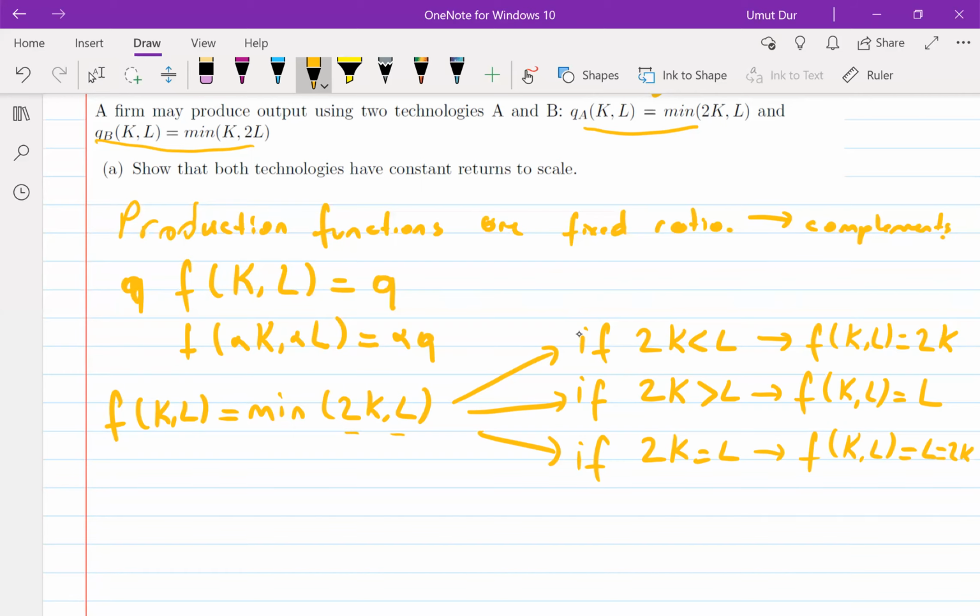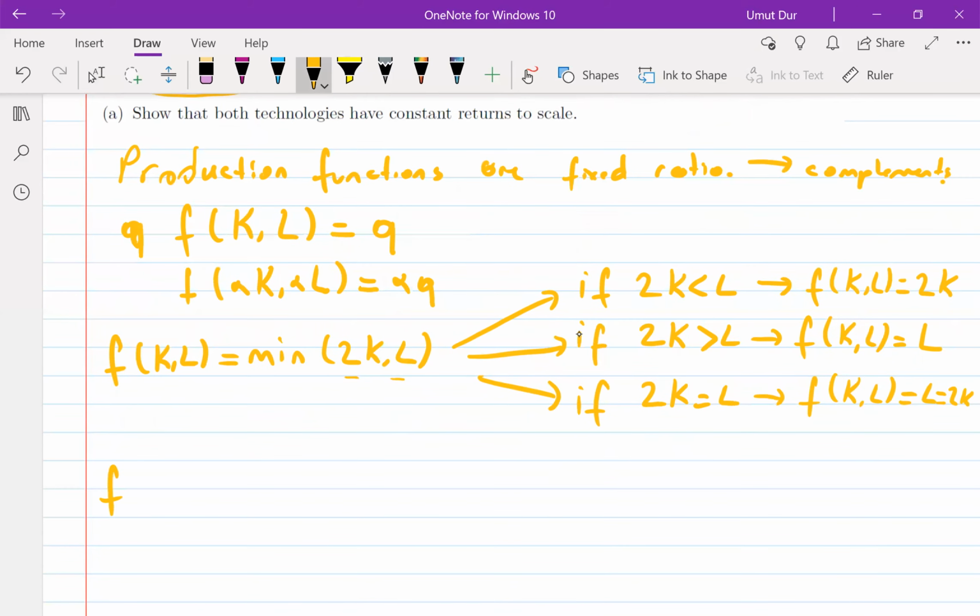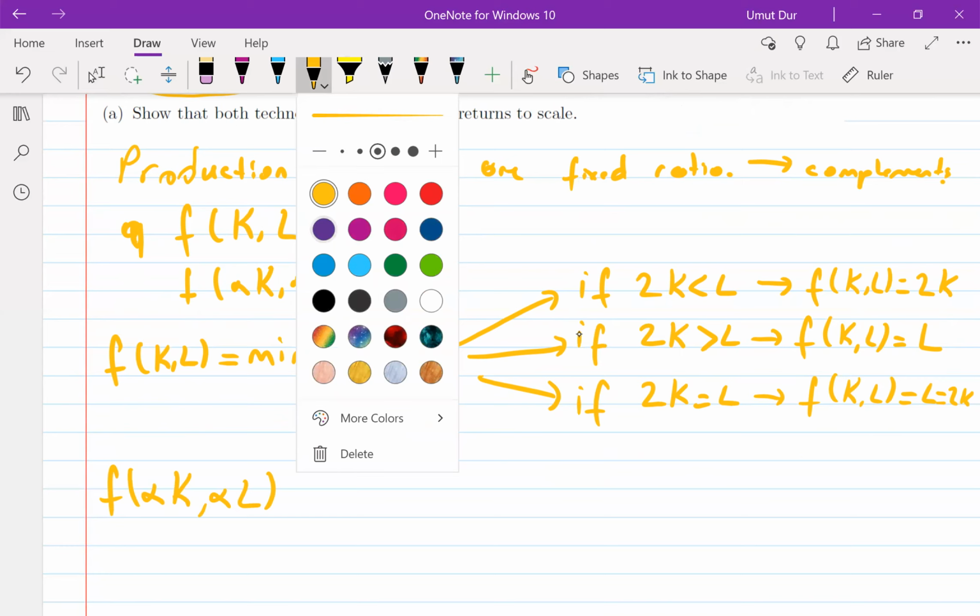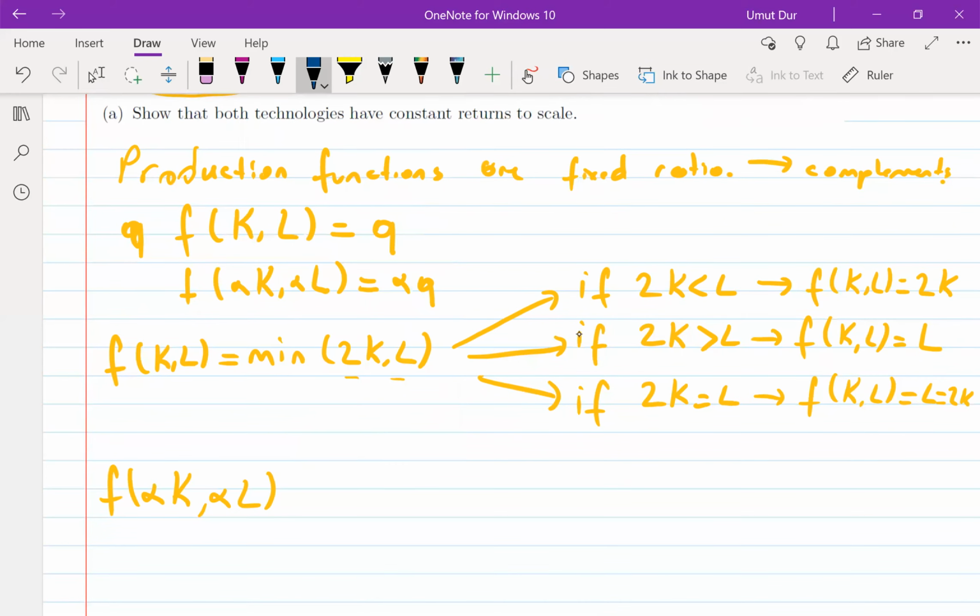So what I want to do is look at the following output level. I am multiplying both inputs with some constant. Then my production will be F(alpha K, alpha L), the minimum of alpha times 2K and alpha times L. Then I will compare these two amounts.